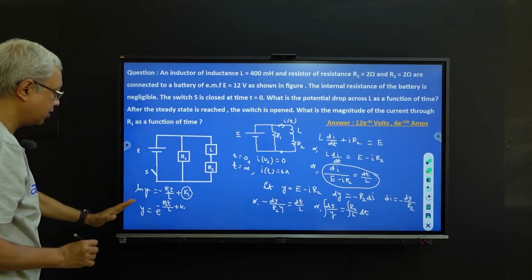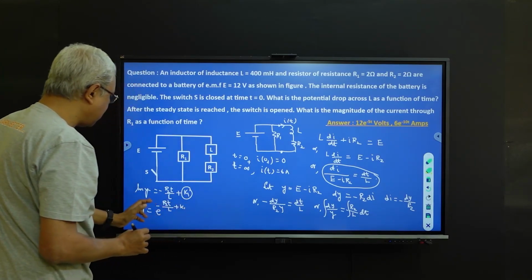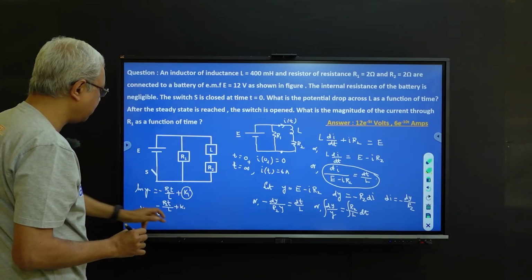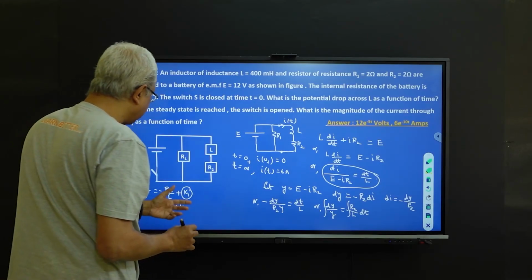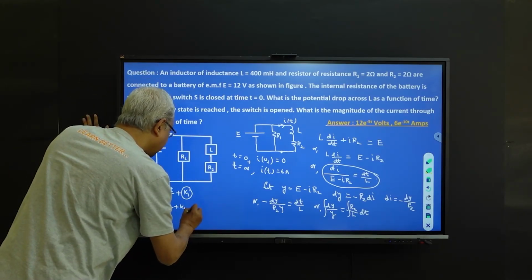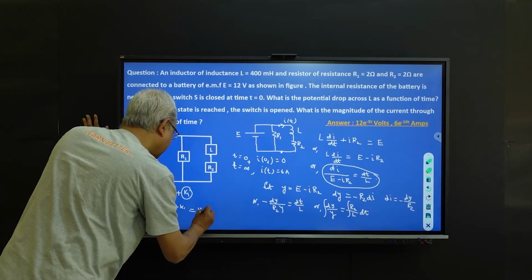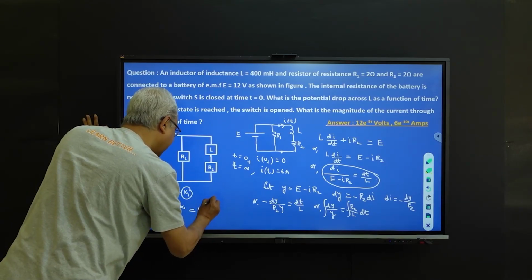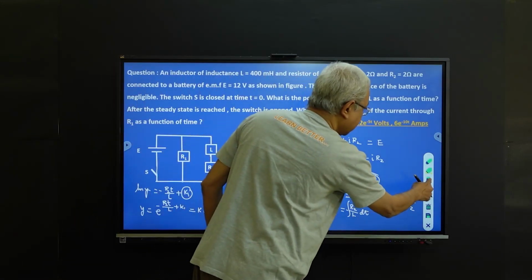K1 is constant. So I get e to the power K1 multiplied by e to the power minus R2 t by L. e to the power K1 is another constant. I call this constant K, e to the power minus R t by L.